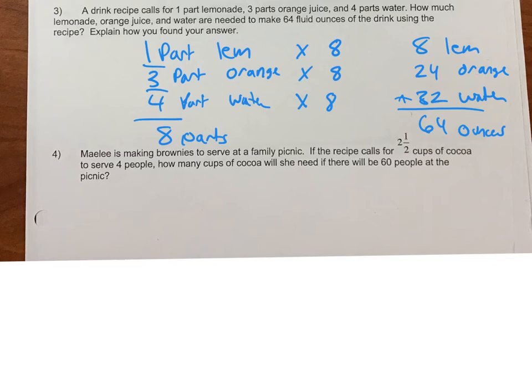So, if she needs 2.5 cups to serve 4 people, our ratio is cups of cocoa over people.